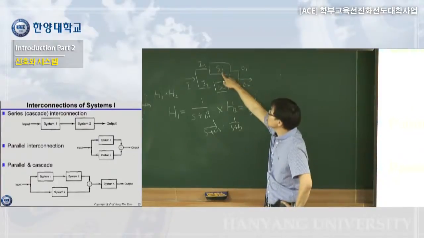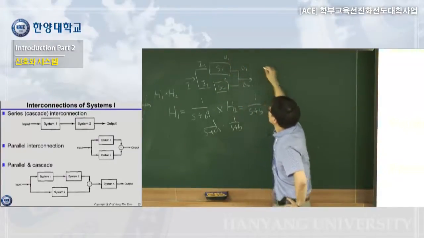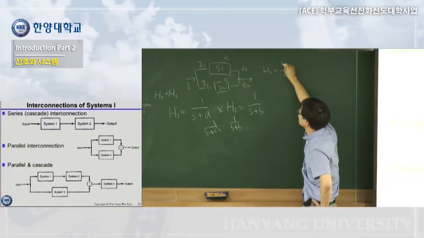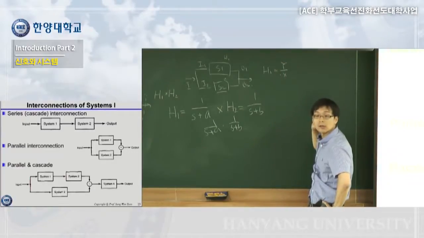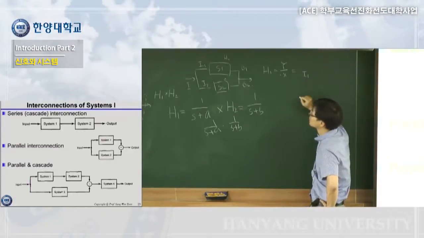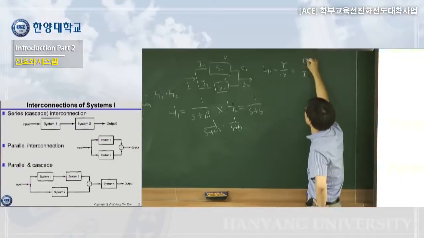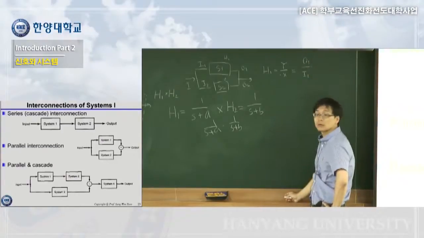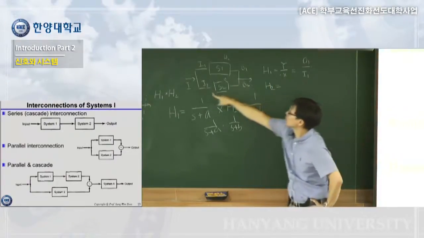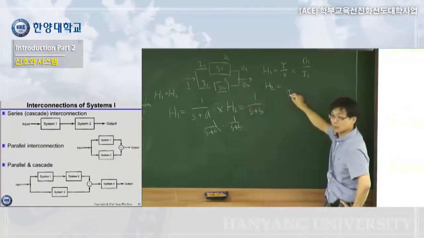So this one, H1, what is it? You learned that the H function is a relation between input and output, right? So input is what? I1. Output is what? O1, right? H2 is what here? What is their input? I2.